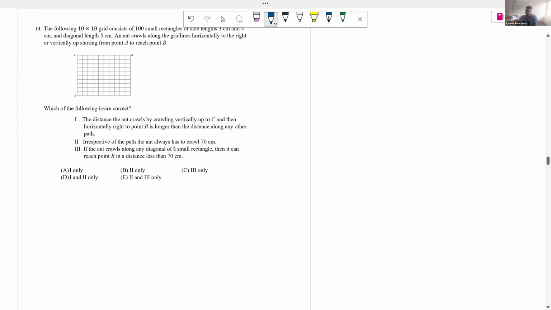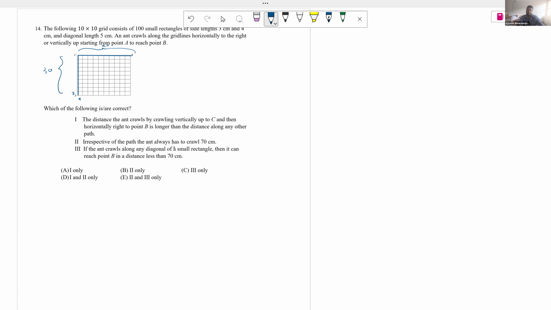Question number 14. The following 10 by 10 grids consist of 100 small rectangles, okay, with side lengths 3 centimeters and 4 centimeters. Okay, so which means you have 30 centimeters this side and 40 centimeters that side. Okay, so an ant can go either vertically or horizontally.